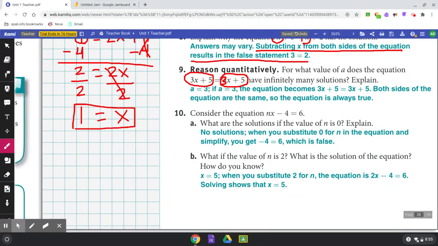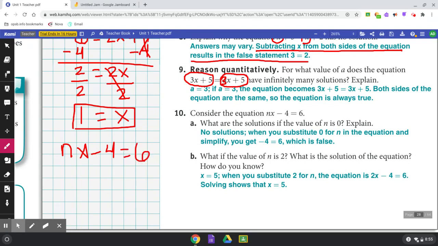Okay, number 10, consider the equation nx minus 4 equals 6. What are the solutions if the value of n is 0? Well, let's go over here, number 10. nx minus 4 equals 6.